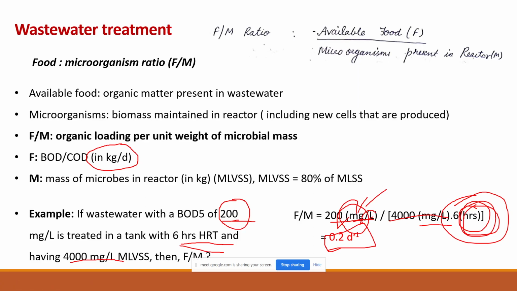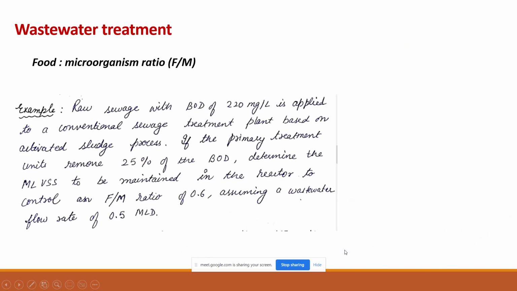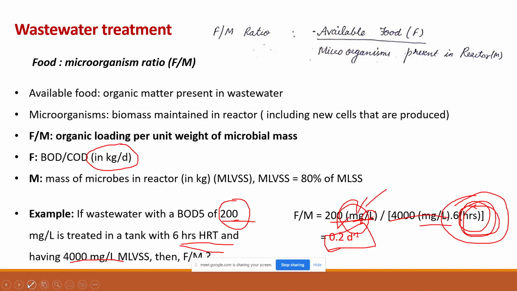So the food to microorganism ratio will be 0.2 day inverse. When you try to solve it, it will come as 0.2, right?